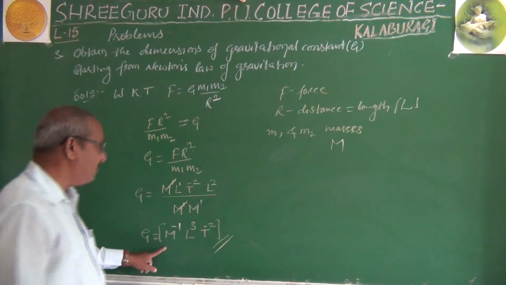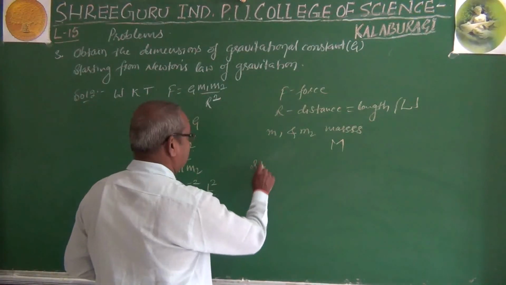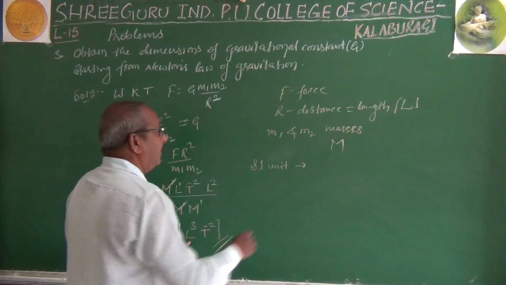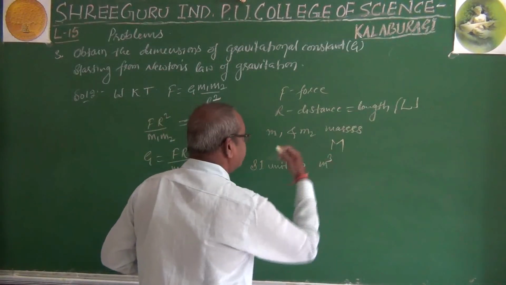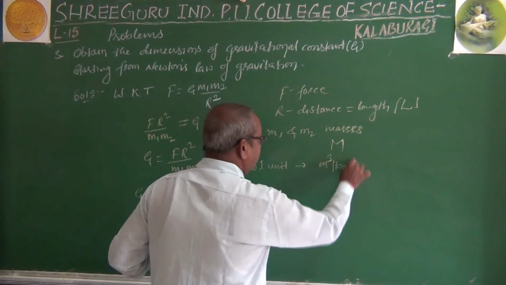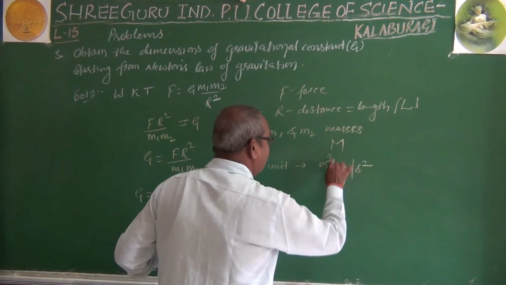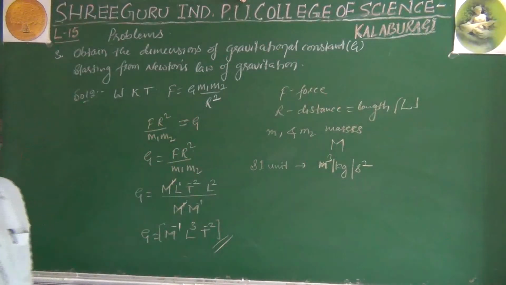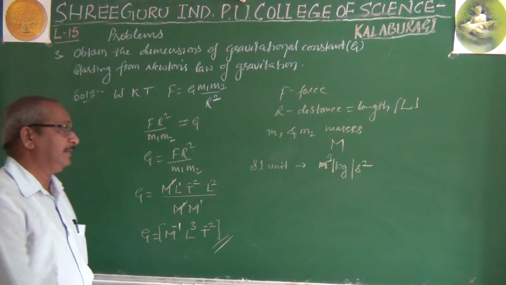So this can be written as the SI unit: meter cube per kg per second square. This is one of the units of the gravitational constant, that is meter cube per kg per second square.